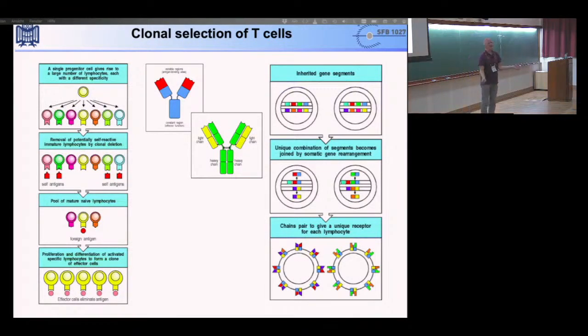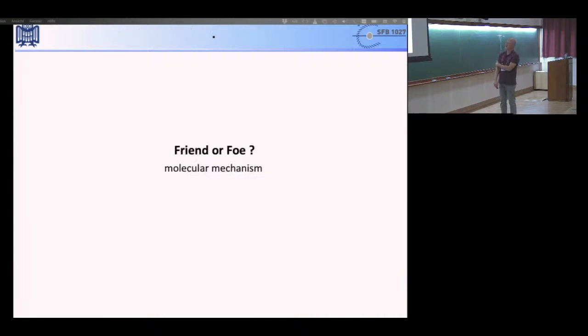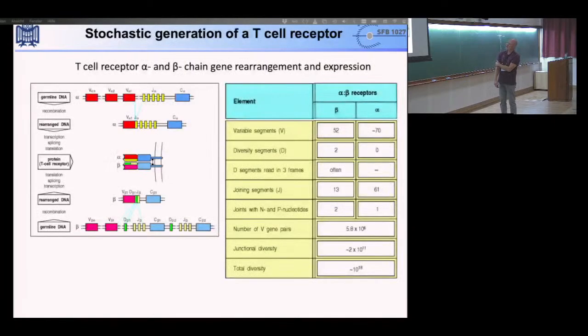Then automatically you have keys that can open only foreign locks, which you have never seen before. And that is essentially what is happening in this somatic gene rearrangement. The molecular mechanism, if you're interested, is essentially this particular inherited gene sequence.